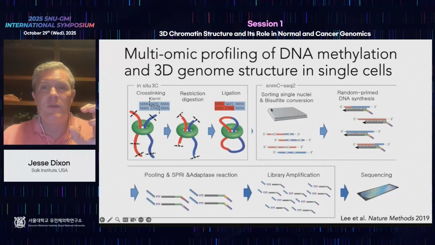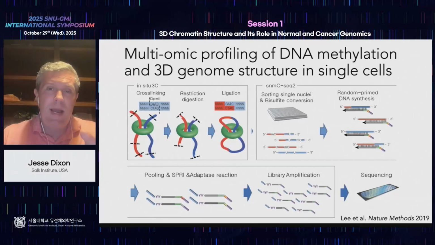Now, this is all happening within an intact nucleus. And what that allows us to do is to sort nuclei into wells of a 384 well plate. And then we can subject this to bisulfite conversion. What bisulfite does is it takes unmethylated cytosines and causes a spontaneous deamination that converts them into uracil. Methylated cytosines remain unaffected by bisulfite.